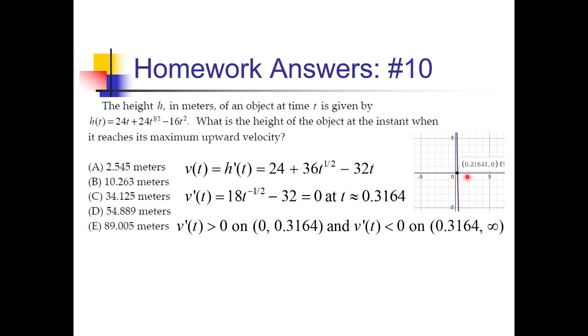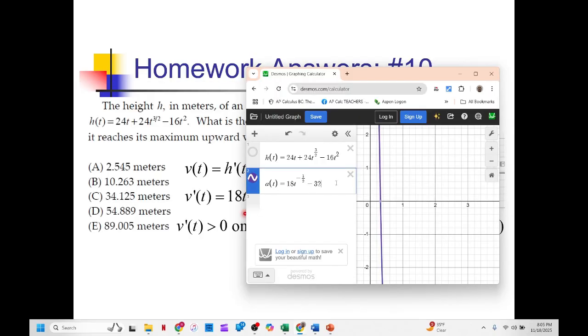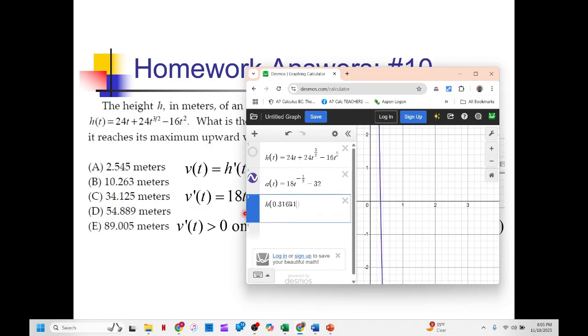So we just need to take that time now, 0.316 and change, and plug that into our height function. So back on Desmos, let me go down to a new entry. Let me go back to my acceleration function, click on that, and copy the t value here so I can paste it in later. So now let me do h of the value that I just got, 0.316 and whatever.